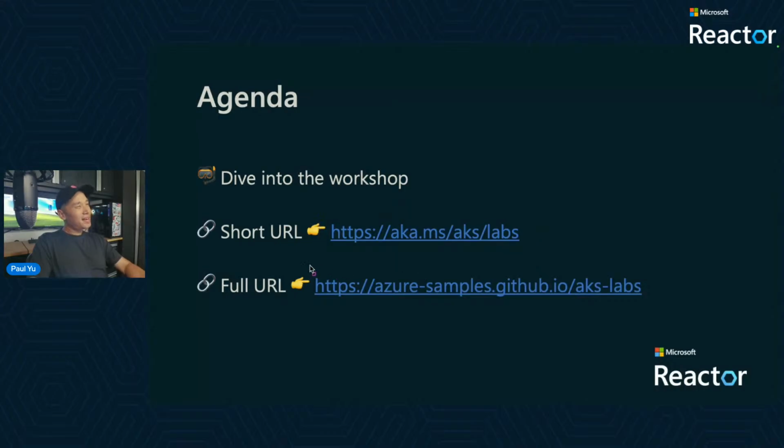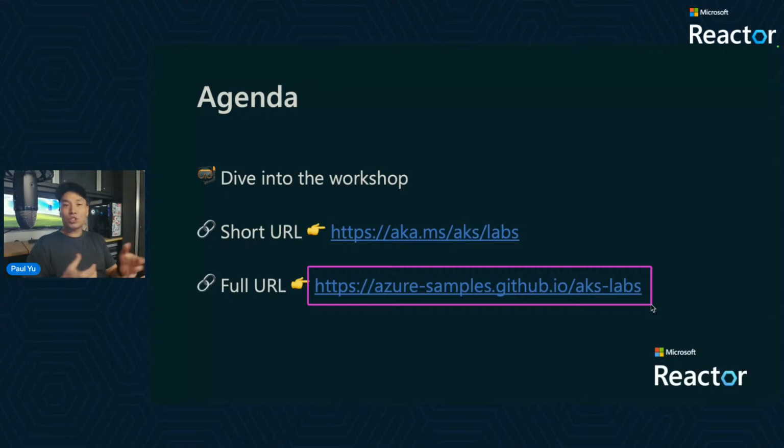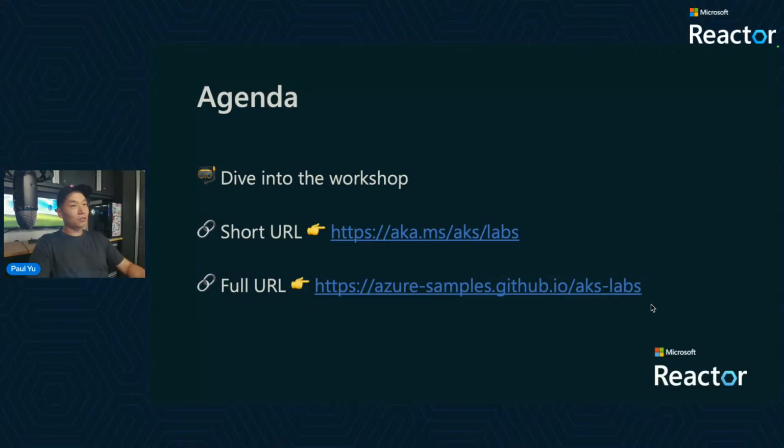I do know sometimes, depending on where you are in the world, that short link doesn't always work. So here's the full URL if you need it. This is a workshop repo that's hosted on GitHub pages, and you can access it at azure-samples.github.io/AKS Labs.